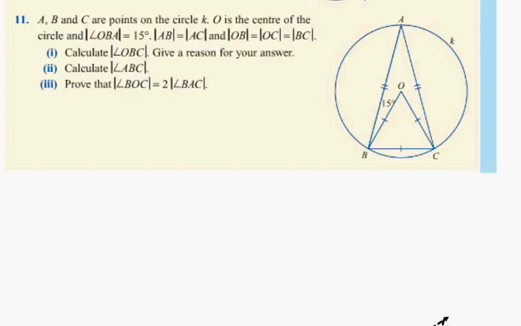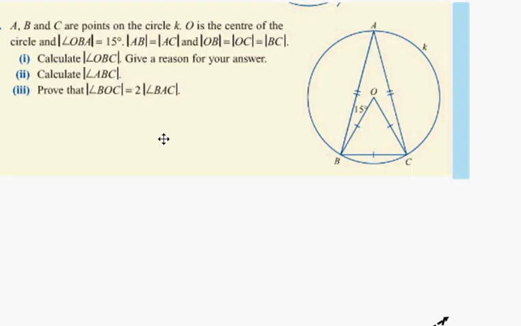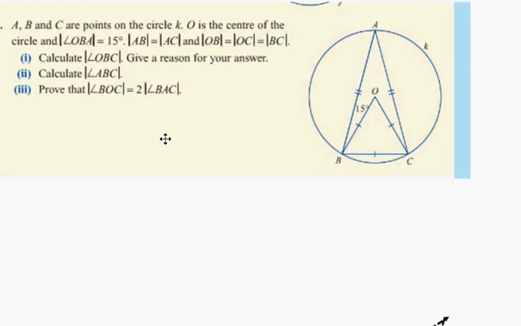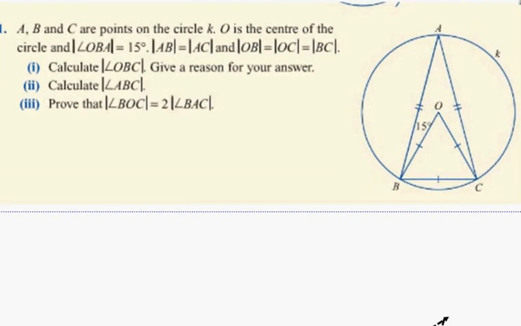So what are we looking to find? OBC. What's OBC, guys? Guys, OBC. What's OBC? So angle at O to B to C. This one here. Why is it 60? It's equilateral triangle. 60, 60, 60.